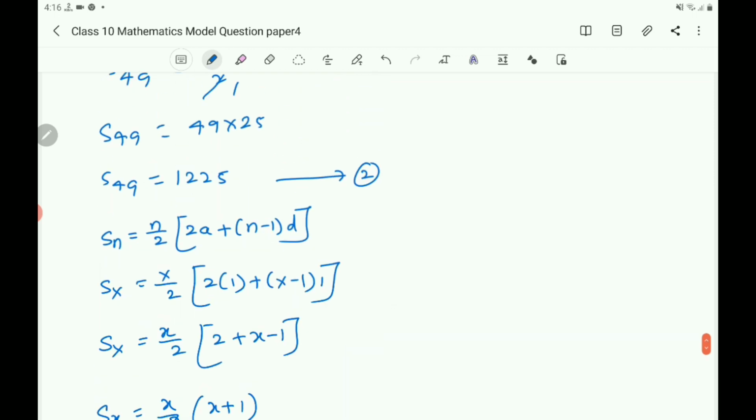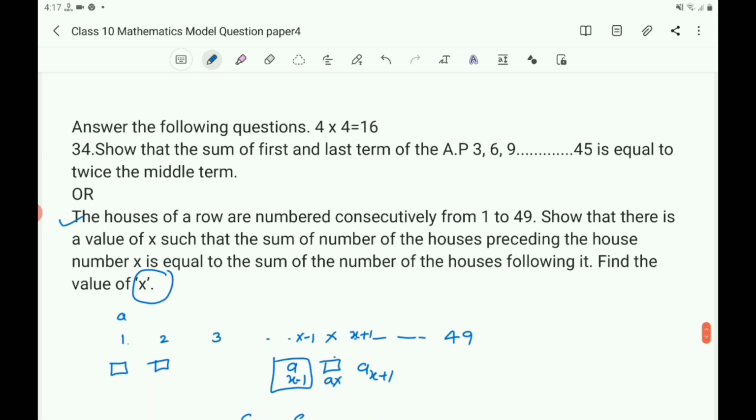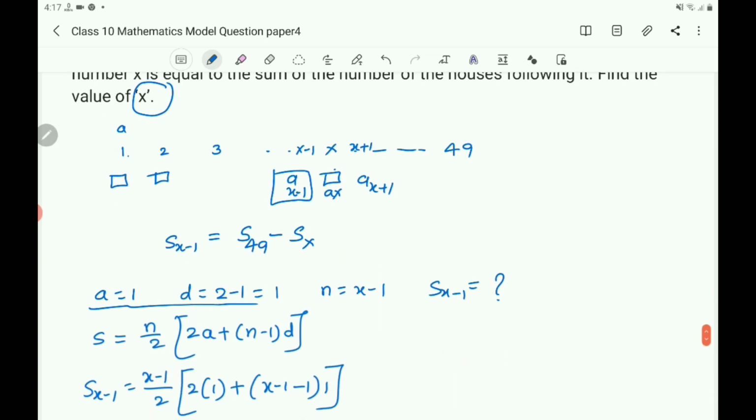The situation is told that S(x-1) equals S49 minus Sx, and you got the values of S(x-1), S49 and Sx one by one. In this relation all these three values are substituted, and you solved for x and got the value of x.